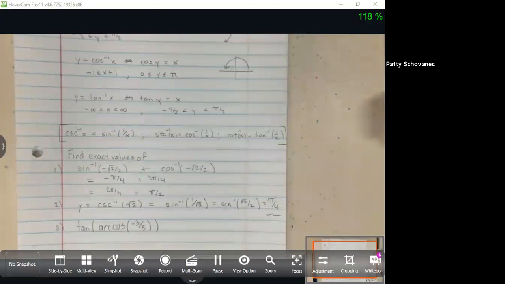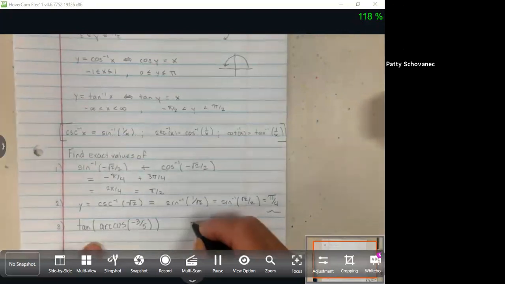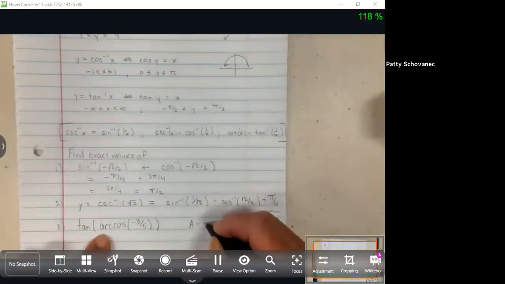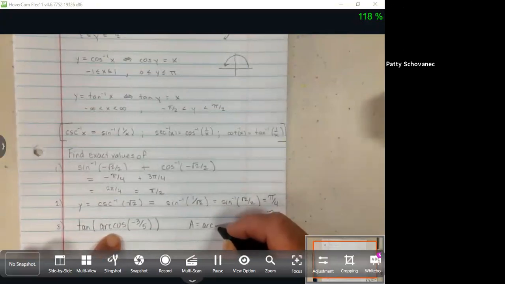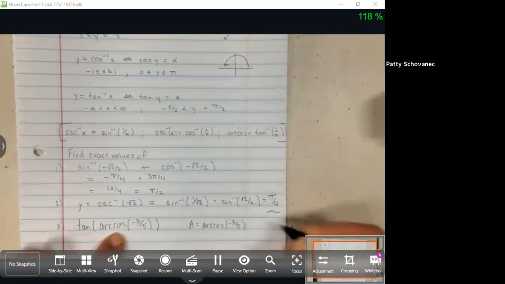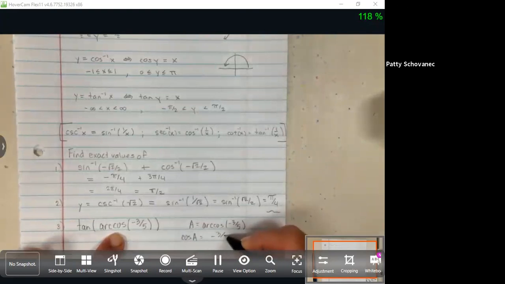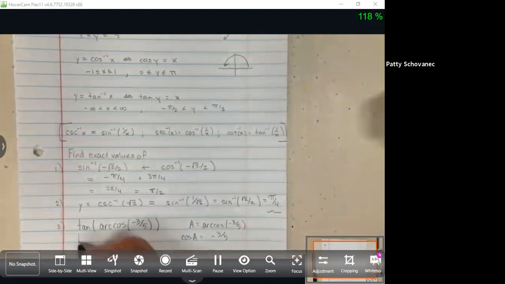So I start by saying the stuff in the parentheses is just another way to write an angle. So I'm going to say let A be the arc cosine of negative 3/5. And by our definition, that means the cosine of that angle A is minus 3 over 5. And my job now is to find the tangent of that angle A. Knowing the cosine will tell me the values of all 6 trig functions.